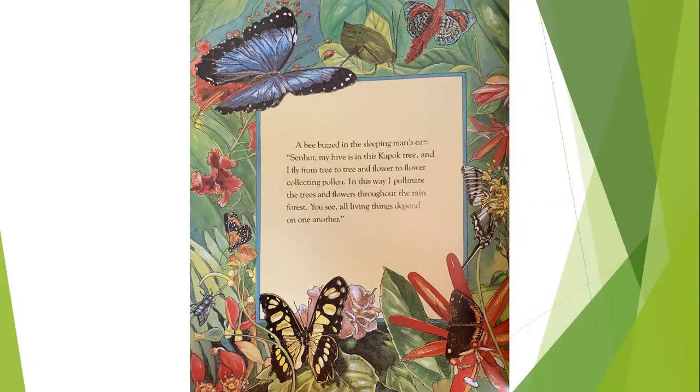Interesting. The bee says that all living things depend on each other because it goes from tree to tree pollinating the rainforest. And we said that when you pollinate, it helps fruit and flowers grow.